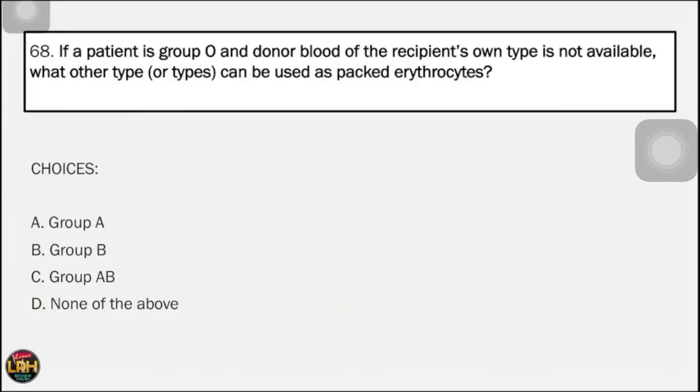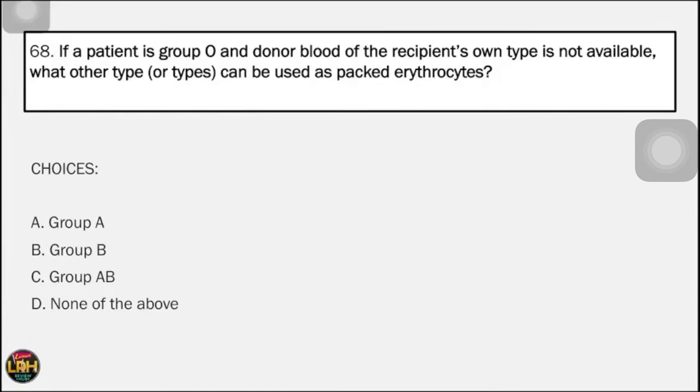Number 68. If a patient is Group O and donor blood of the recipient's own type is not available, what other type or types can be used as packed erythrocytes? So the same type as the patient's blood type, which is type O, is not available. What would be the possible blood types for donation?